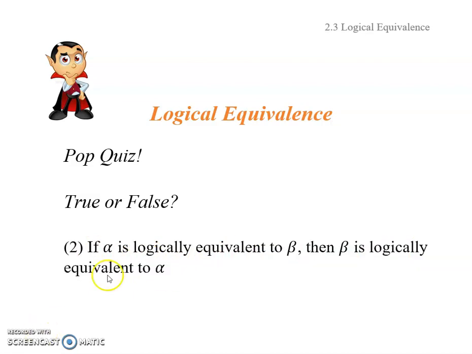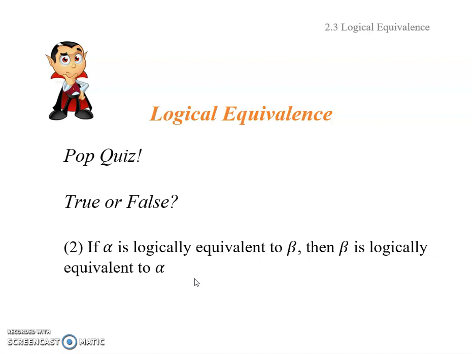Let's try another. All right, question 2. True or false? If one proposition, call it alpha, is logically equivalent to another proposition, beta, then beta is logically equivalent to alpha. Pause now. All right, this again is going to be true, right?